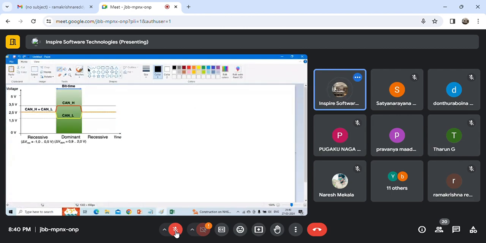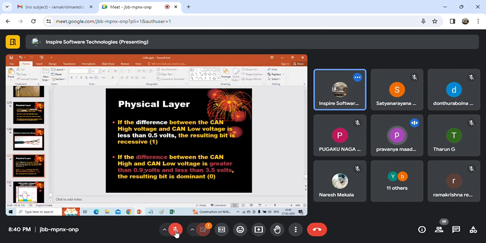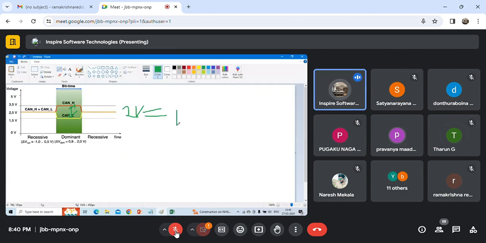When he is sending 3.5 and 1.5, the difference is 2 volts. Is 2 volts considered dominant or recessive? It falls between 0.9 volts and 3.5 volts, so it is considered a dominant bit. Dominant means 0.